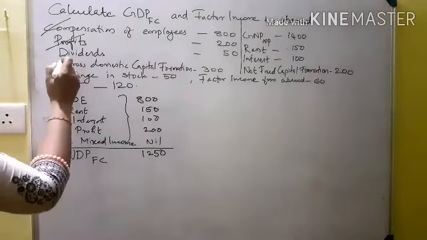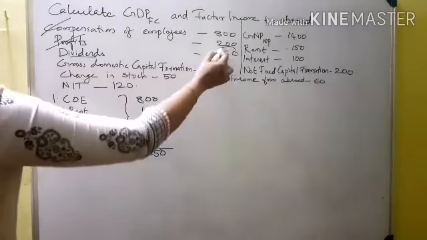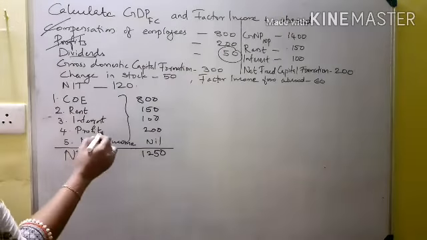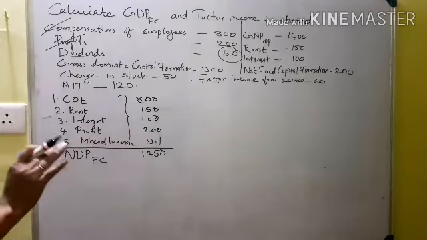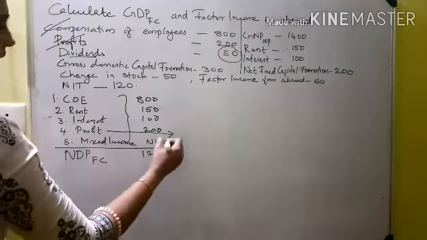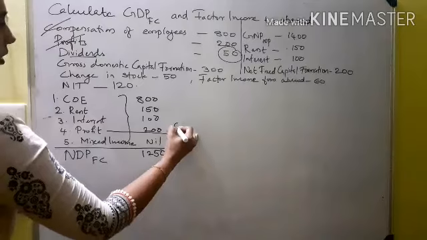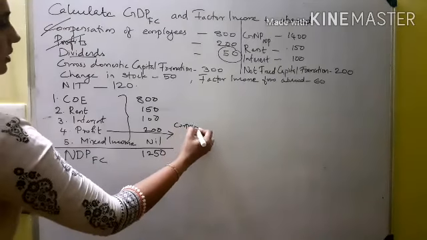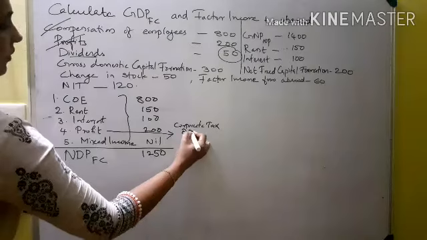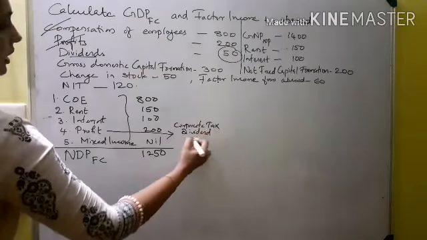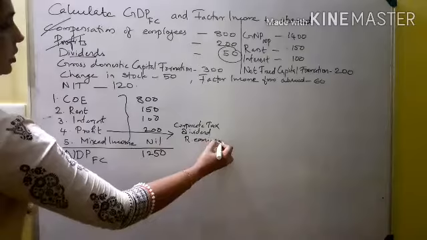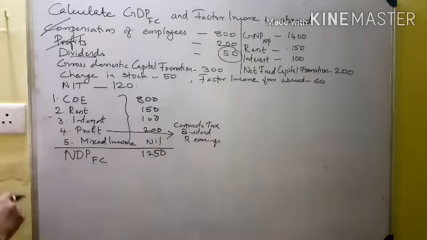Another important thing: dividend 50 is given. We know the 3 sub-elements of profit: first corporate tax, second dividend, third retained earnings. These 3 total is equal to profit.